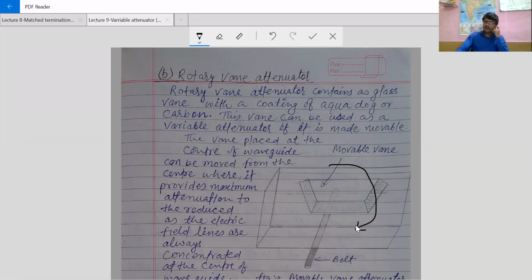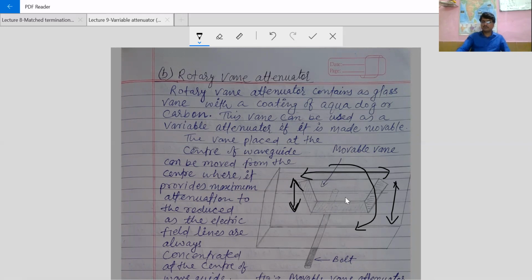Since this dimension is smaller and this dimension is larger, as it rotates clockwise, the attenuation will change, because the effective width will increase with the rotation.